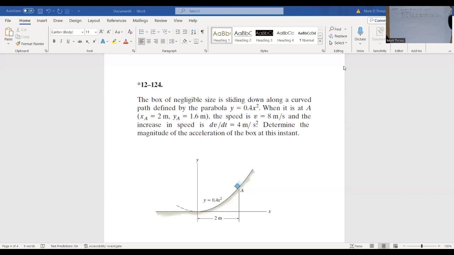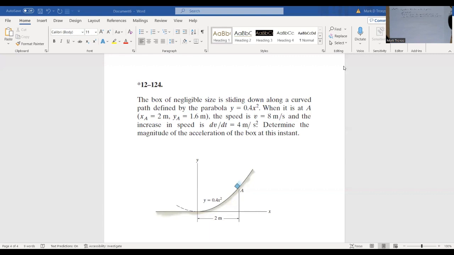So let's take a look at this problem. It says the box of negligible size is sliding down along a curved path defined by the parabola y equals 0.4x squared. When it is at A, the coordinates are x equal 2 and y equal 1.6.